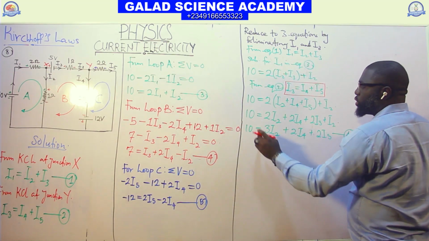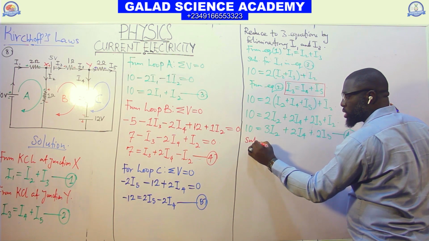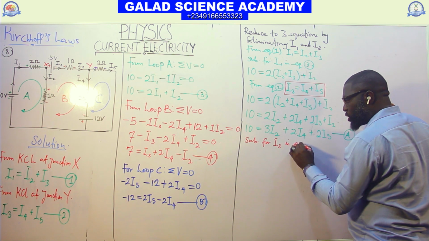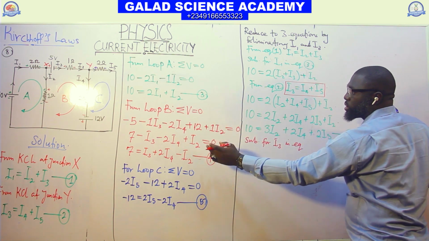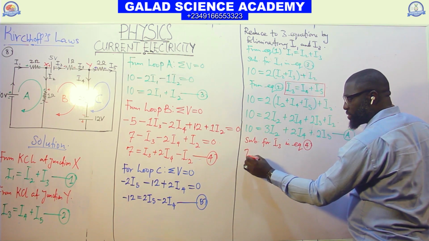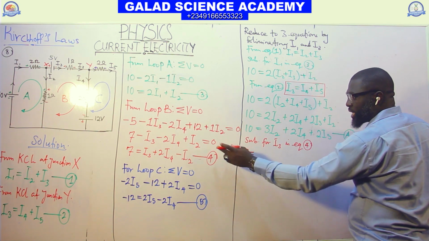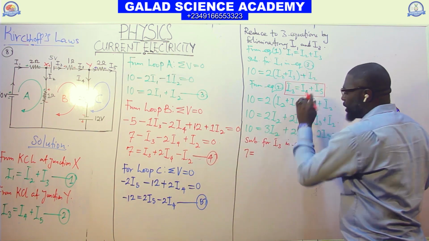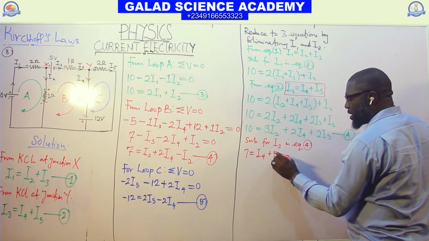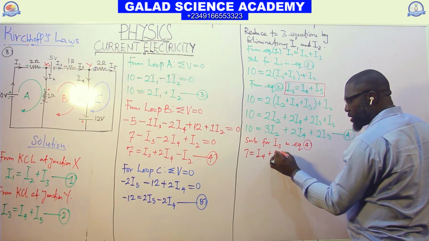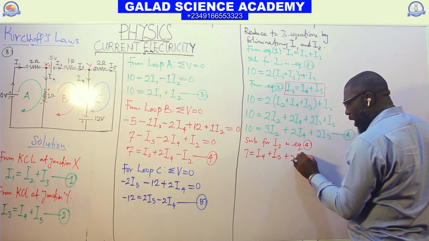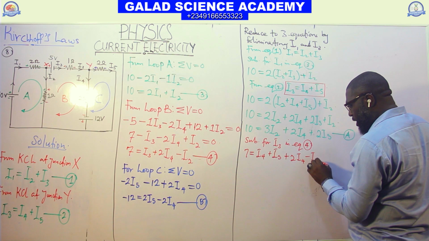So we can now substitute for I3 in equation 4. By doing that, we have 7 equal to, here put I4 plus I5 to replace it, plus 2I4 minus I2.